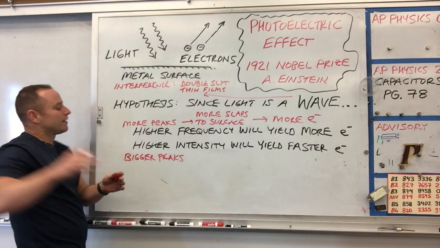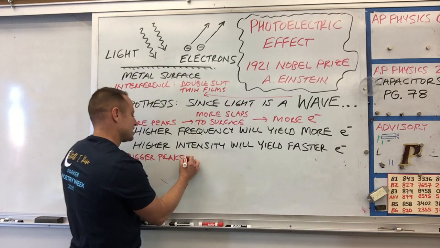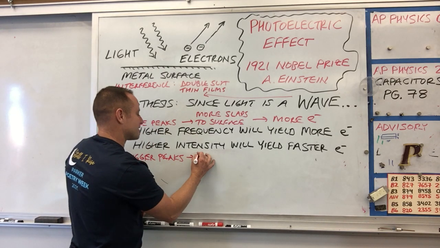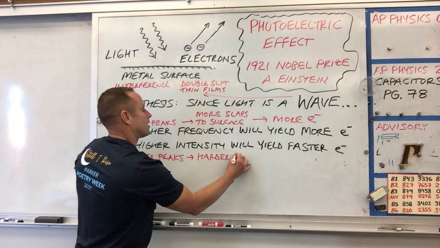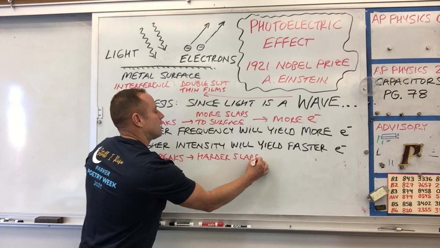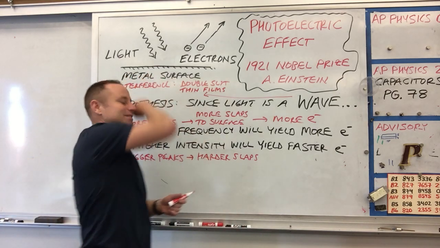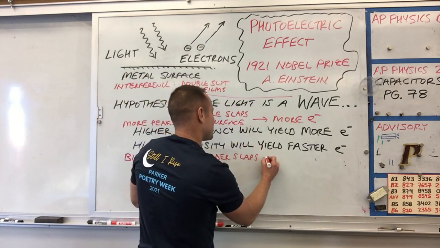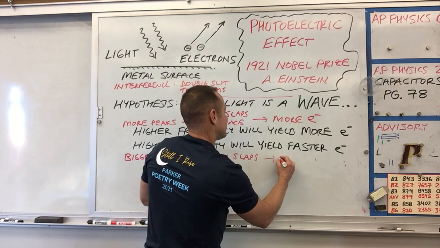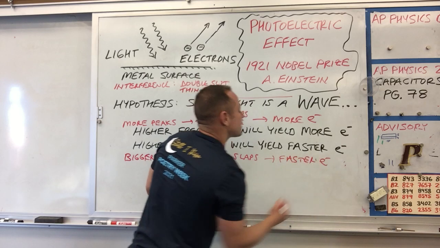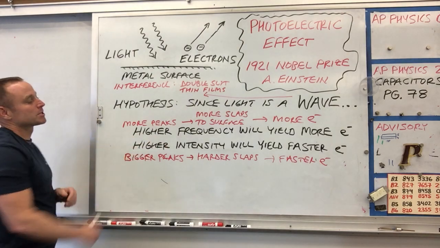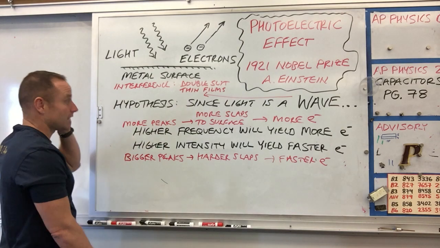If you're thinking of each peak slapping the surface, that's basically like harder slaps. Then they thought that each peak would come and slap the electron off, giving faster electrons. Right, so that was the hypothesis. That's what was expected under a wave picture of light.